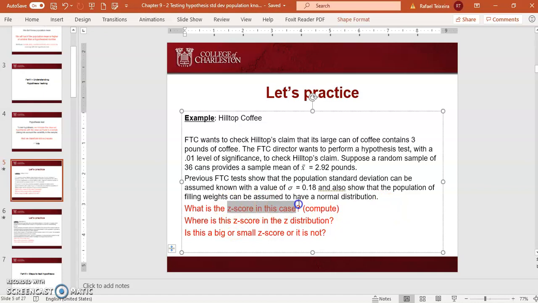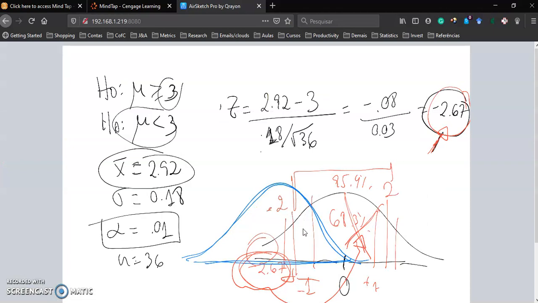What is the z-score in this case? Negative 2.67. It's a very small z-score in the z-distribution. So it's very unlikely that a normal distribution like this one would have a mean with a z-score of negative 2.67.